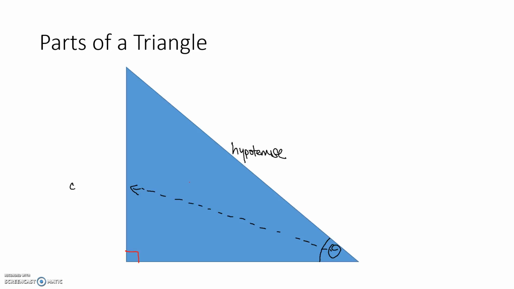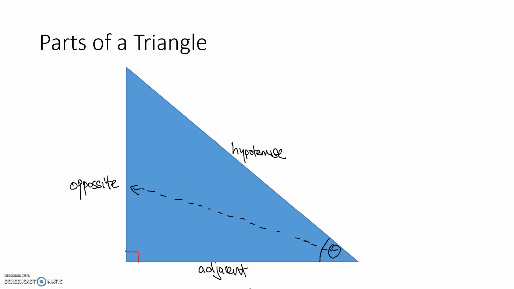So this is what we label the side opposite theta. Very intuitively, it's the opposite side to theta. So we have named two sides of the triangle, the hypotenuse as well as the opposite. What's left is this side at the bottom. This is called the adjacent.